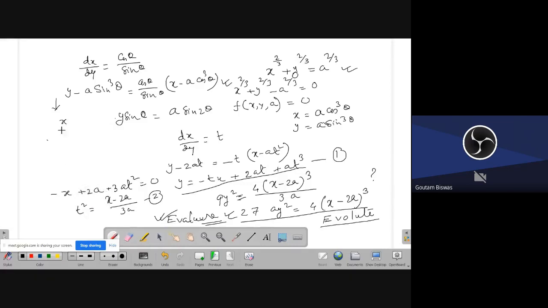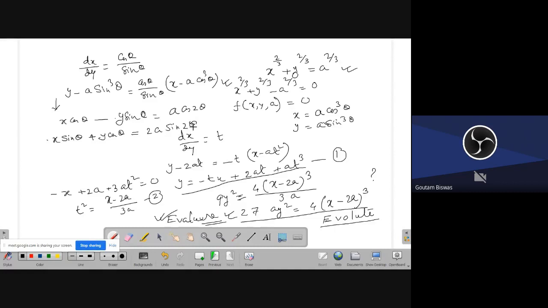It is x sine theta plus y cos theta equals twice a cos twice theta.